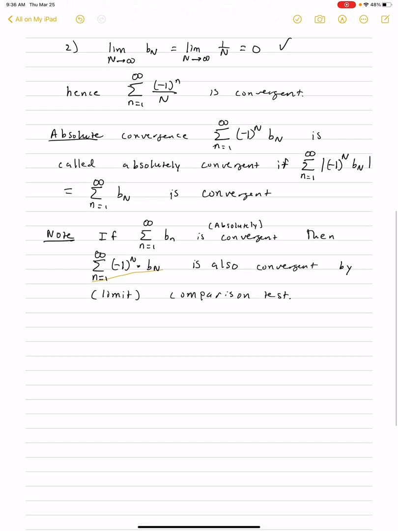Okay, let me give you two examples here. And the example I'm going to consider is the one we just had with minus 1 to the n divided by n. And this is not absolutely convergent.